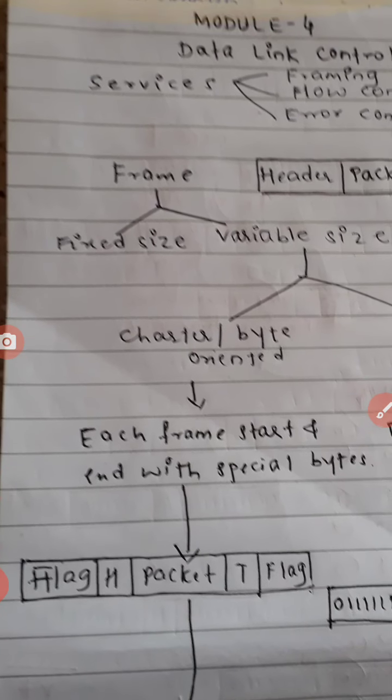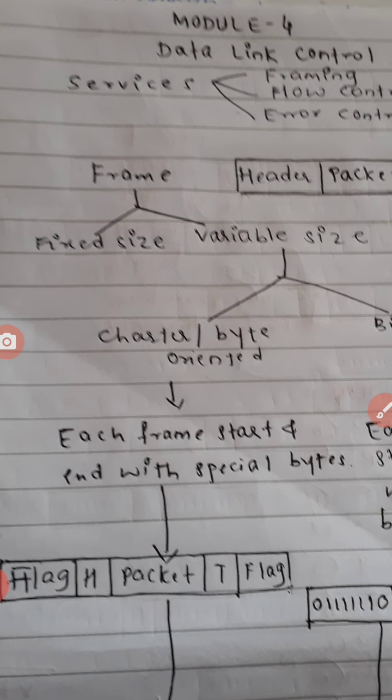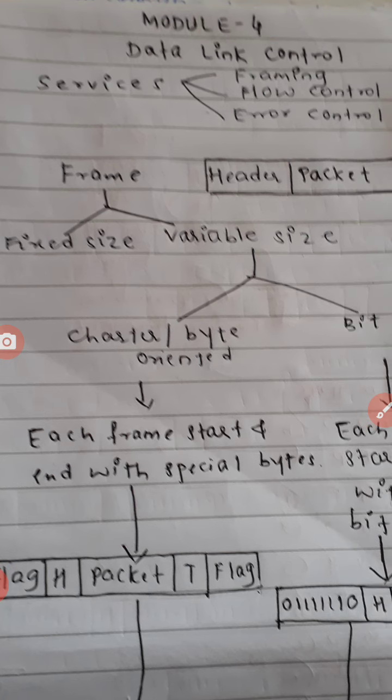In framing, we have two types: fixed size framing and variable size framing. In fixed size framing, the size of the frame is restricted or limited, whereas in variable size framing, the size of the frame is not restricted, but to distinguish one frame from another, flags are included to mark the end of the frame and the start of the frame.